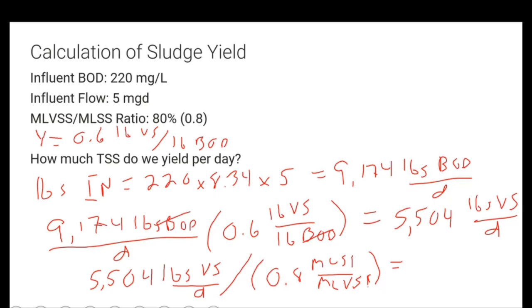See? So now we're going to do this. That's pounds of VSS per day, but we want to know how many pounds of TSS. And so we're going to use our ratio. And I need VSS to cancel with the VSS in that ratio. It's MLVSS. Oops, sorry. This should be MLVSS. Let me see if I can erase.